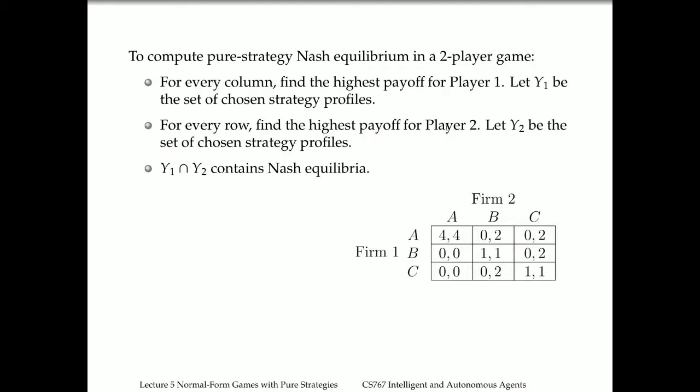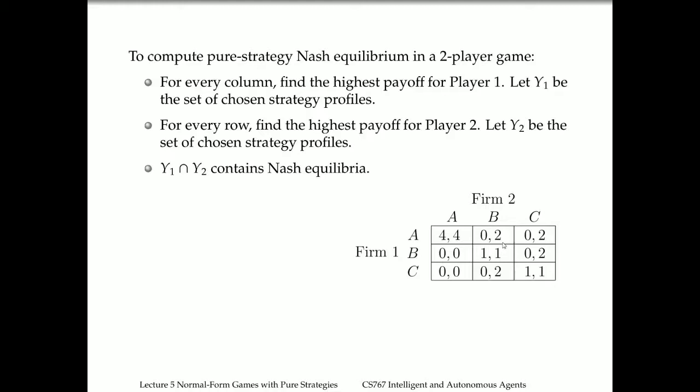And then if you look from the point of view of player 2, if player 1 chooses A, then firm 2's best response will be A as well. If firm 1 chooses B, then firm 2 would choose C. If firm 1 chooses C, then firm 2 would choose B. Right? So now we have this entry, and this entry. So that's also another collection of strategy profiles in the game that correspond to player 2's optimal response, the best response.